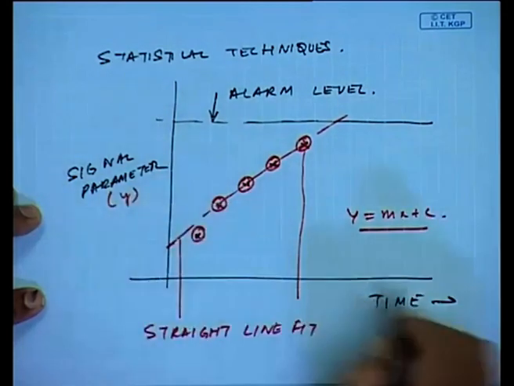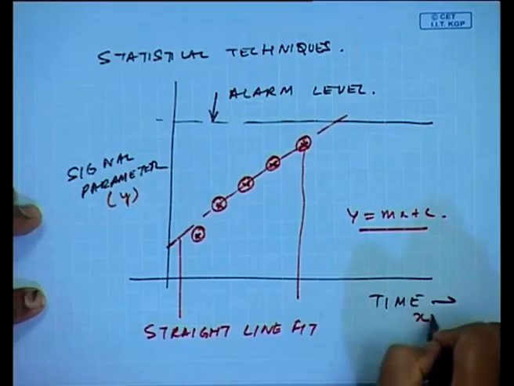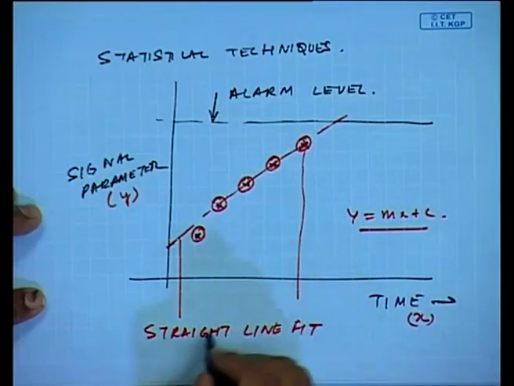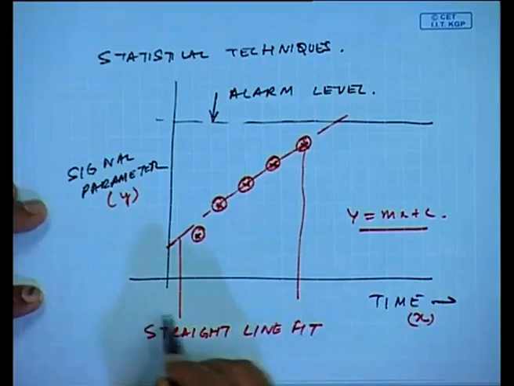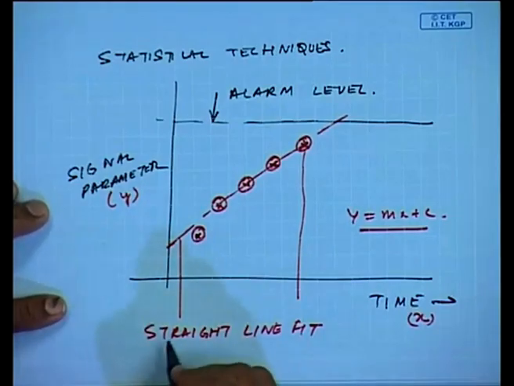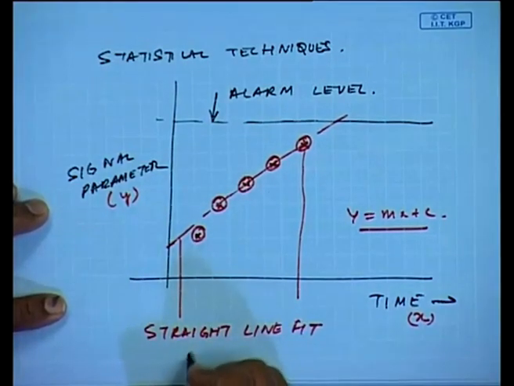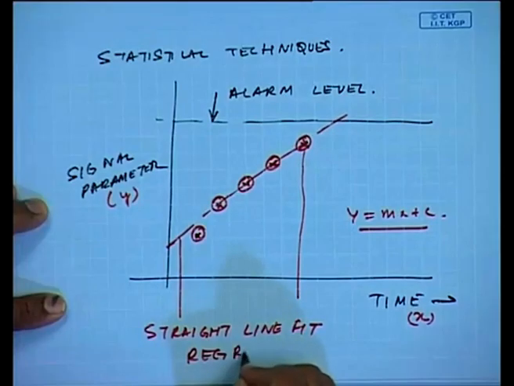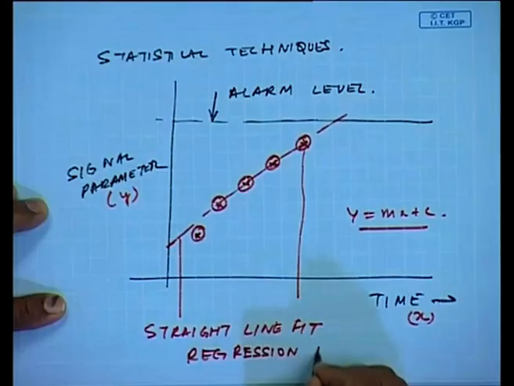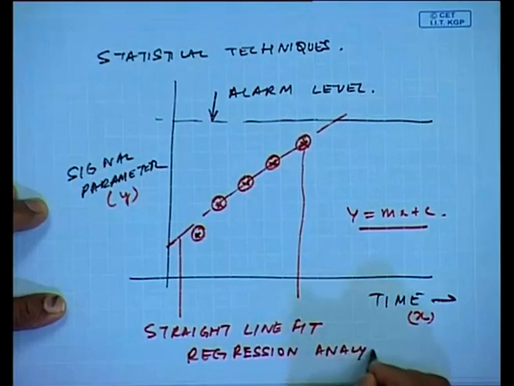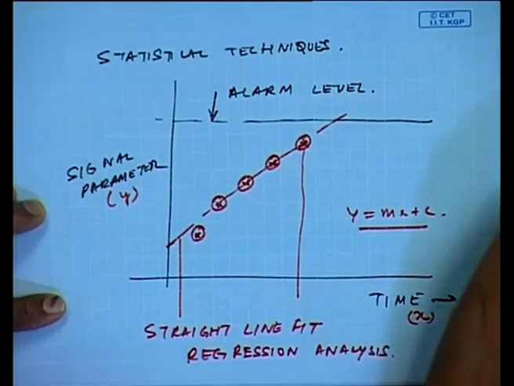This is y and this is x. Okay. But this is a single component. I could have multiple coefficients.